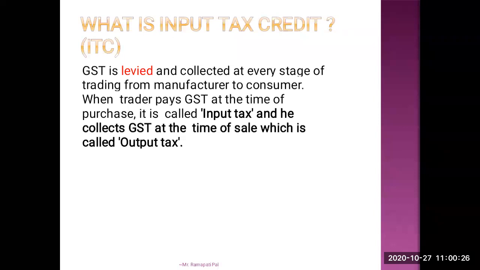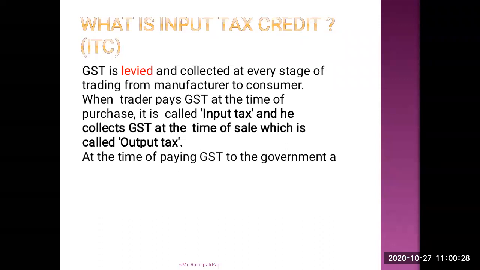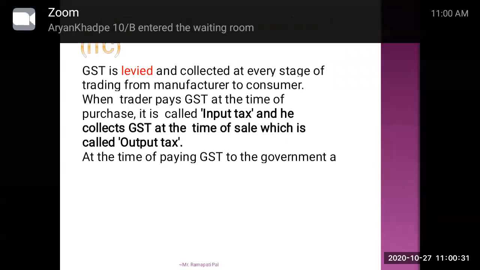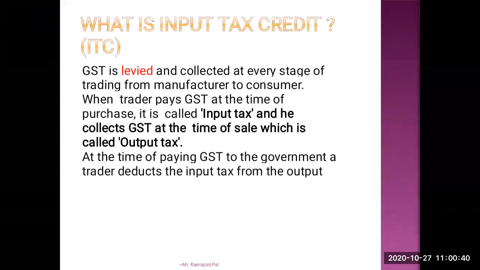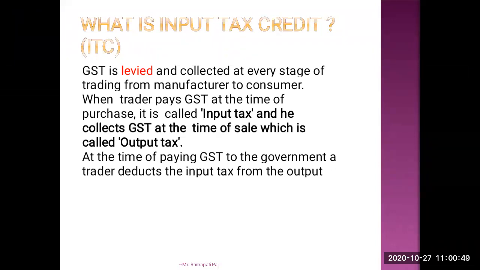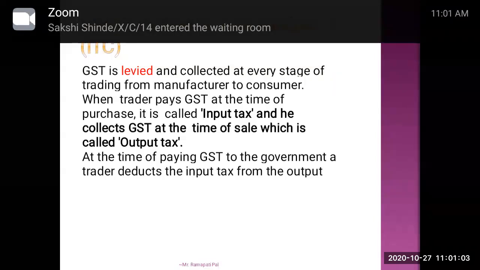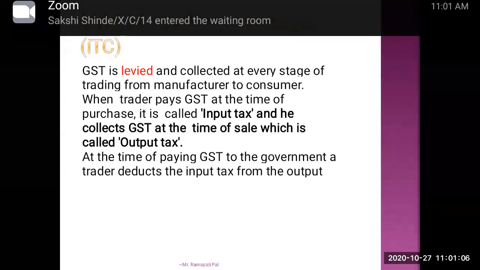At the time of paying GST to the government, a trader deducts the input tax from the output tax and pays the remaining tax. Okay. Because whatever goods he has purchased, on those he had paid the tax.